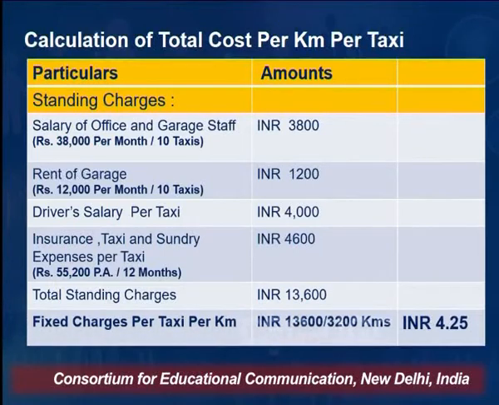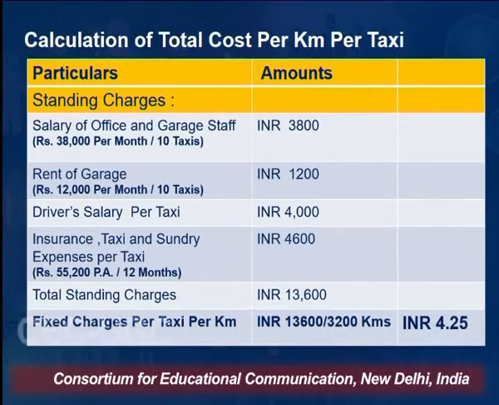Now why are we taking 3,200 kilometers? Because 3,200 kilometers is the effective running, the run which is offering us the revenue. So 13,600 divided by 3,200 kilometers gives me the fixed charges per taxi per kilometer, and it comes to be 4 rupees and 25 paisa.